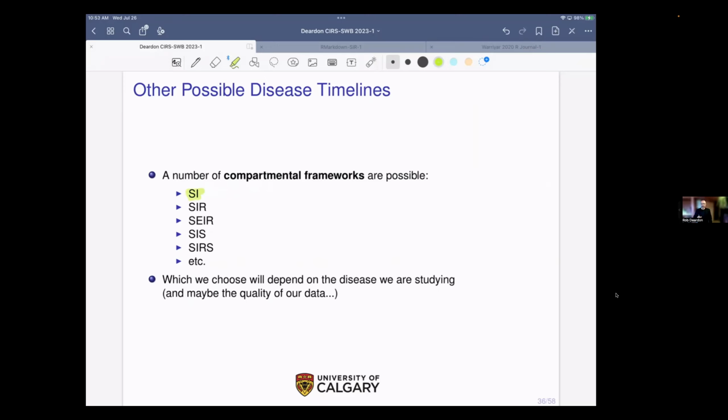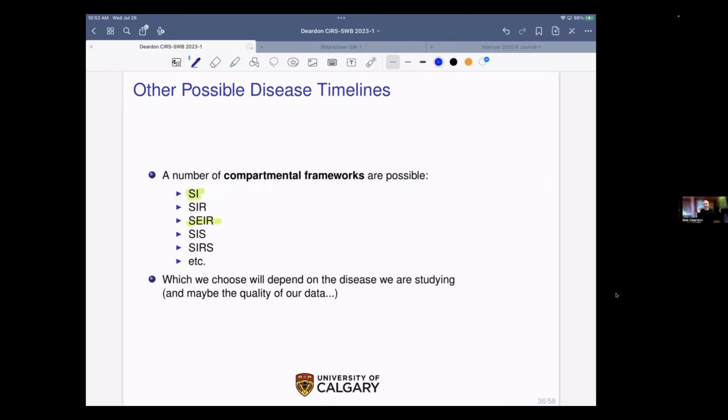Some diseases people don't recover. If you're looking over a fairly short time period and modeling something with an infectious period that's long, HIV is the obvious thing that springs to mind. An SI model might make more sense than an SIR model. The other thing that's very common is this SEIR model that I will talk a little bit more on in the next couple of slides.